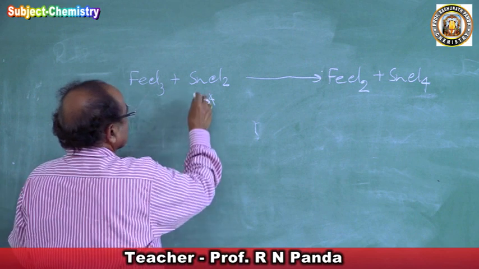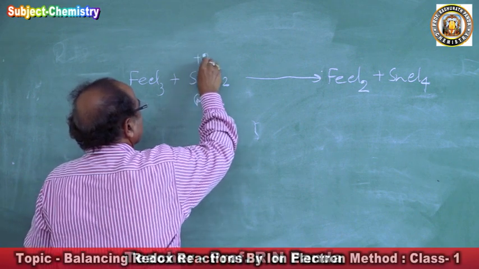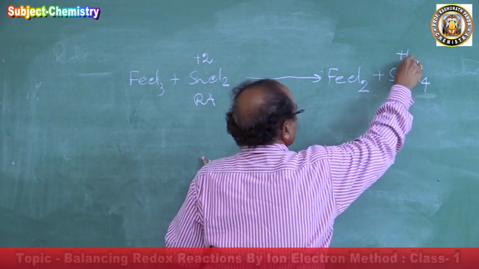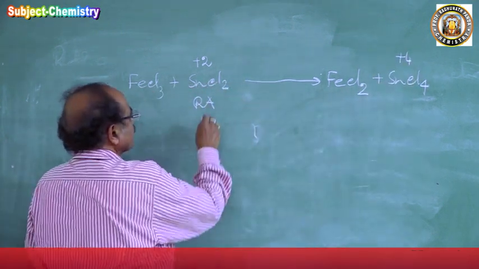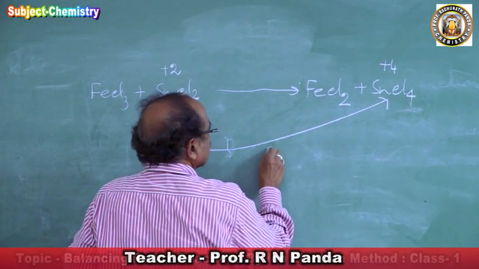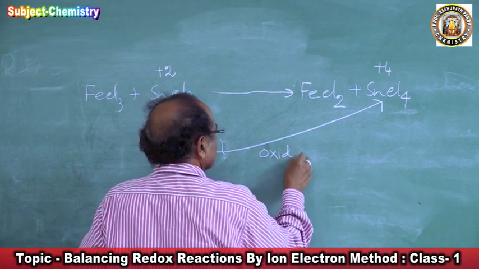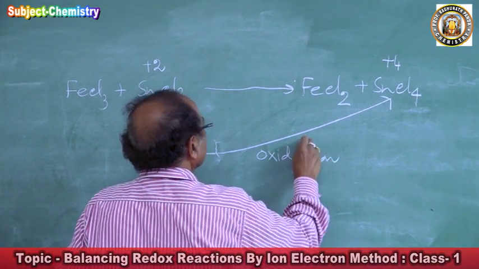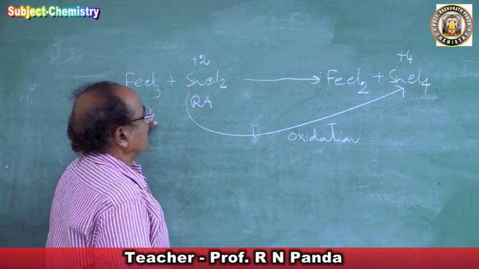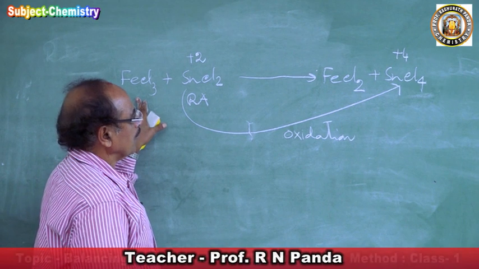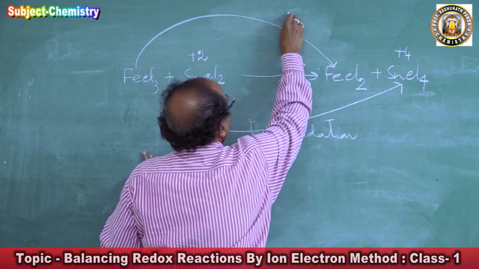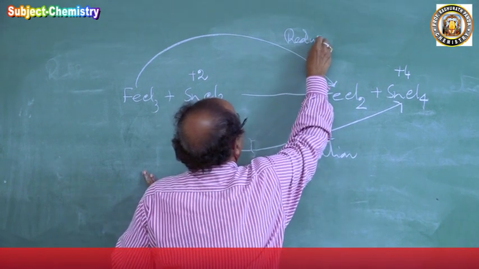The oxidation number of stannous is +2 and the oxidation number of stannic is +4. So from stannous chloride to stannic chloride, this reaction is oxidation. And ferric chloride to ferrous chloride, this reaction is reduction.